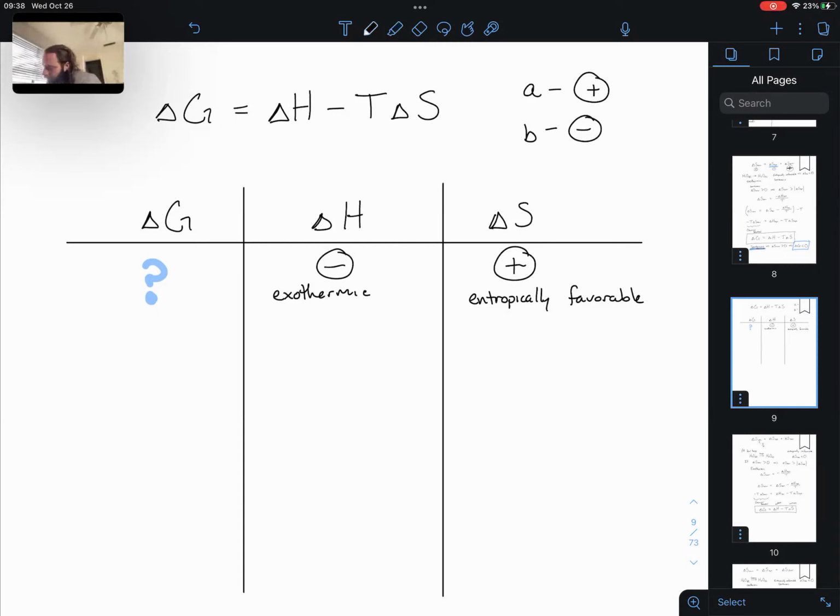All right. And one thing to note is because we're in the world of thermodynamics, T has to be in Kelvin, which is always a positive number. You can't have a negative temperature if your temperature is being measured in Kelvin.